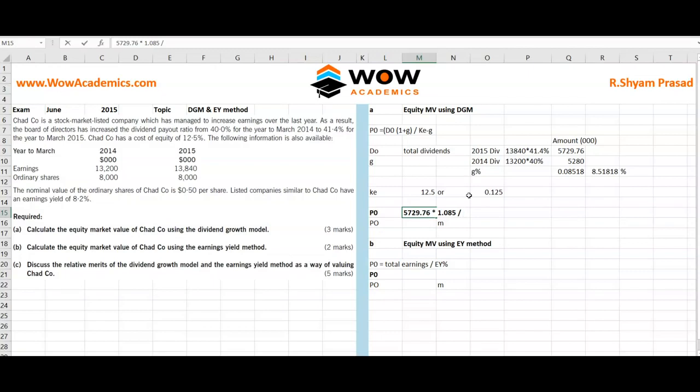The Ke is 0.125 minus 0.0851. So we have got the numbers, and we have to put these numbers in brackets. So now we'll get the answer.